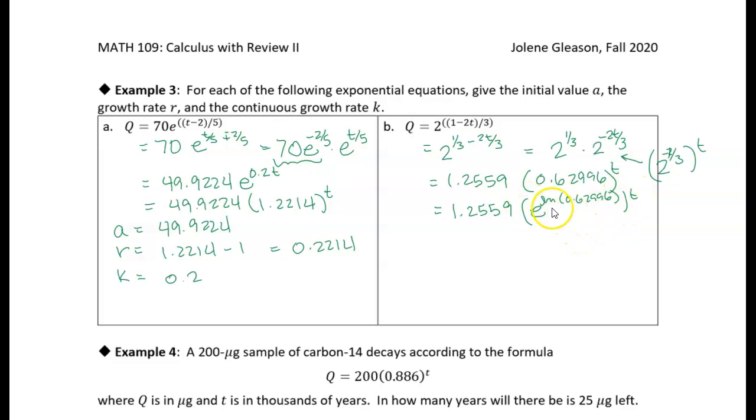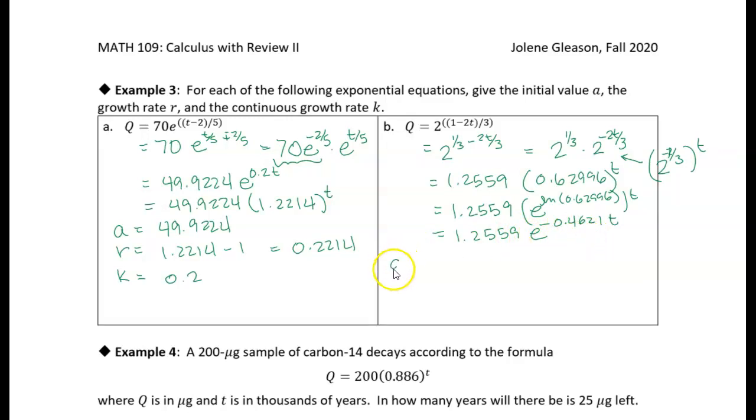That natural log will give me the k value. So let me rewrite it one more time: 1.2559 e to the, and when I put the natural log of 0.62996 in, I get minus 0.4621t. So now I also have it in a e to the kt form.